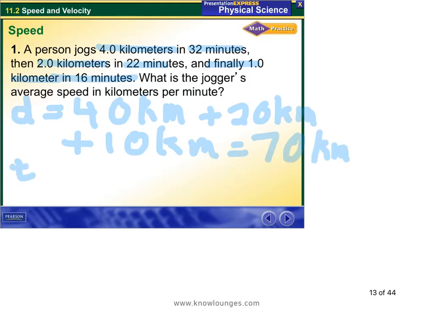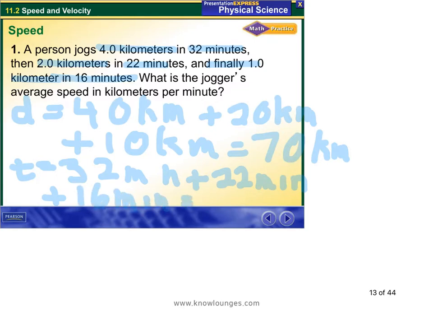The time given to us was 32 minutes plus 22 minutes plus 16 minutes. We add all that up and we get 50, 60, 70 minutes. And we do a little division using our formula.